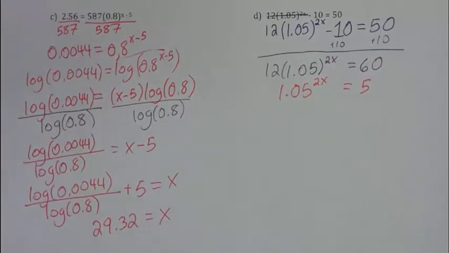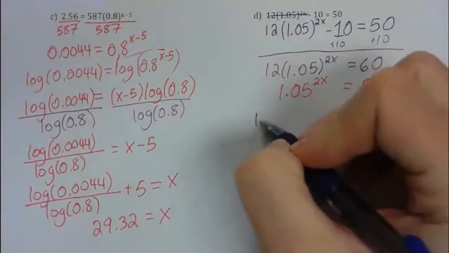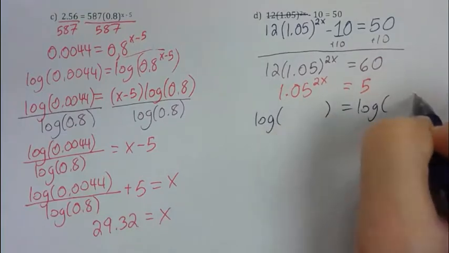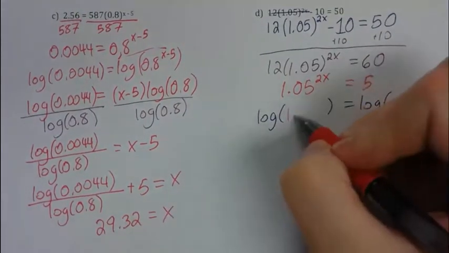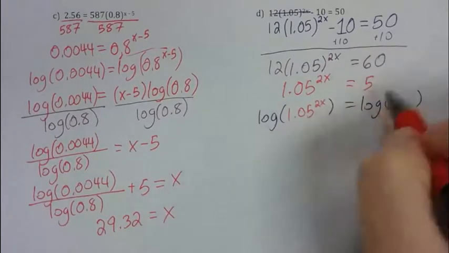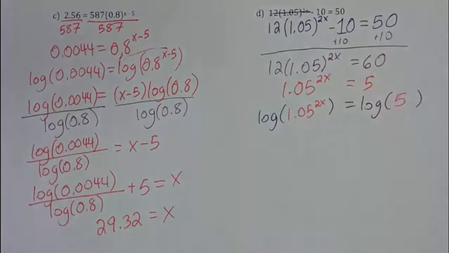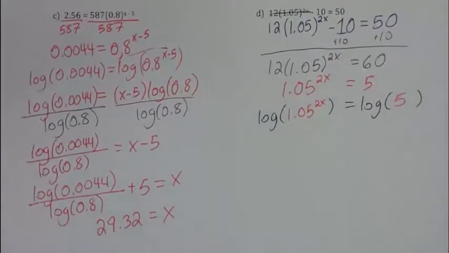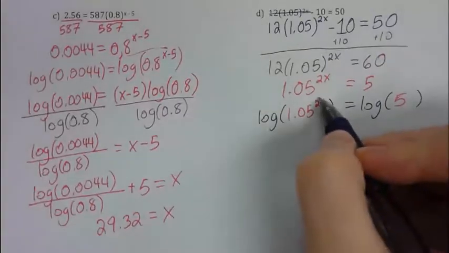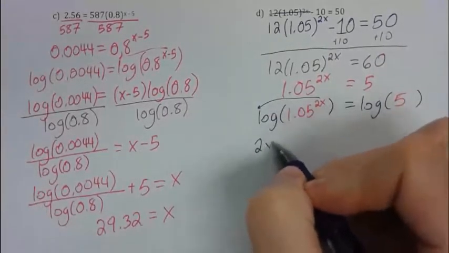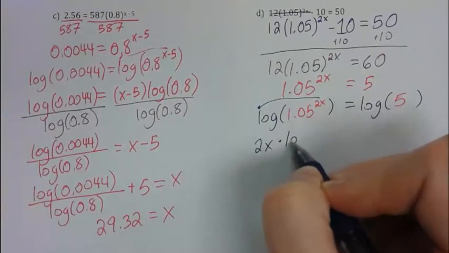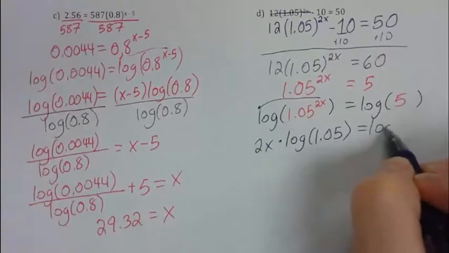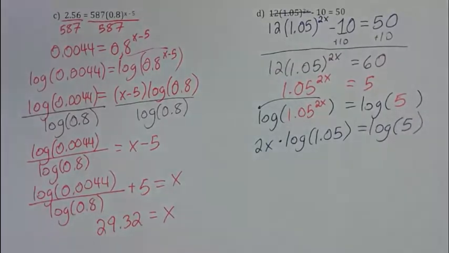Now I can take the logarithm of both sides. So log of the left side, log of the right side, and we didn't change anything else. So we got that going on right there. And then we have the 2x going to the front. So now our next step is 2x times the logarithm of 1.05 equal to log of 5, like that.